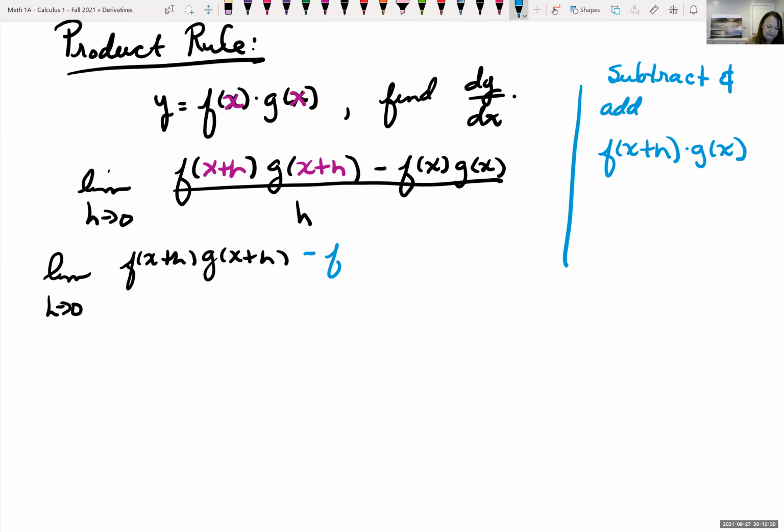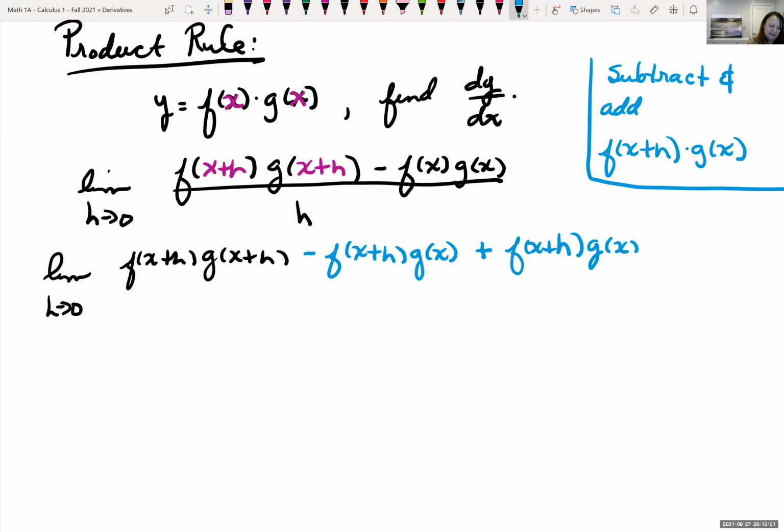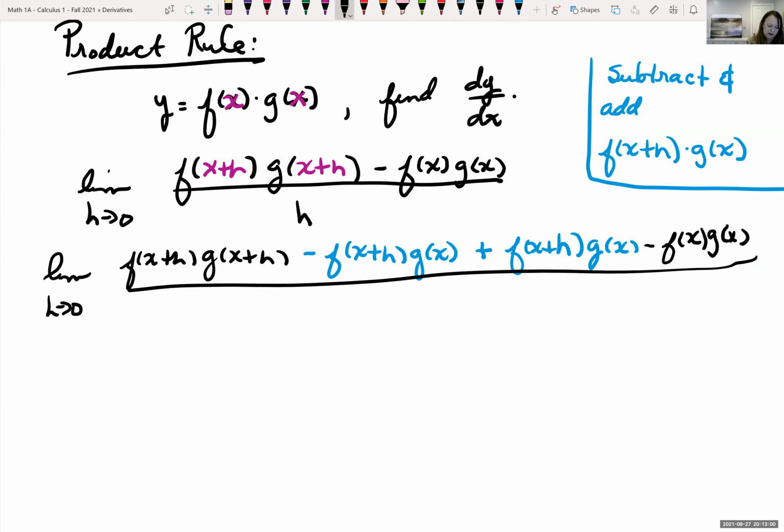So minus f of x plus h times g of x, and then plus f of x plus h times g of x. And then we still have this minus f of x times g of x, all over h.